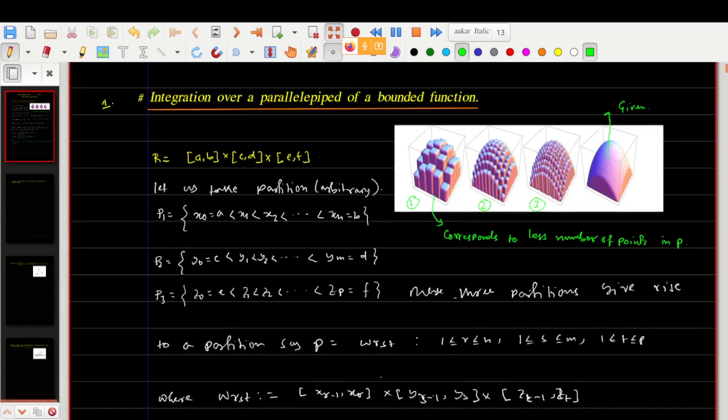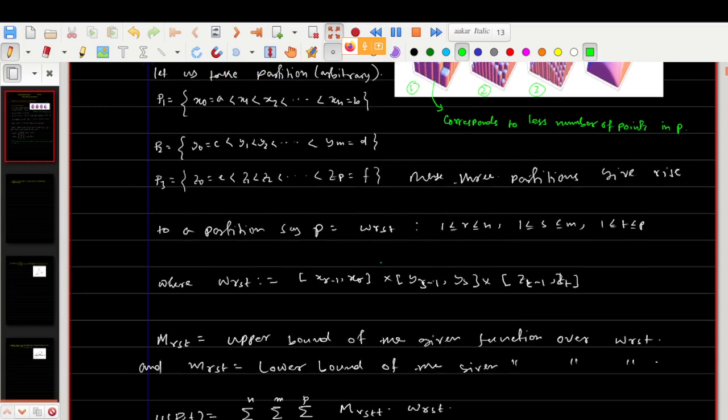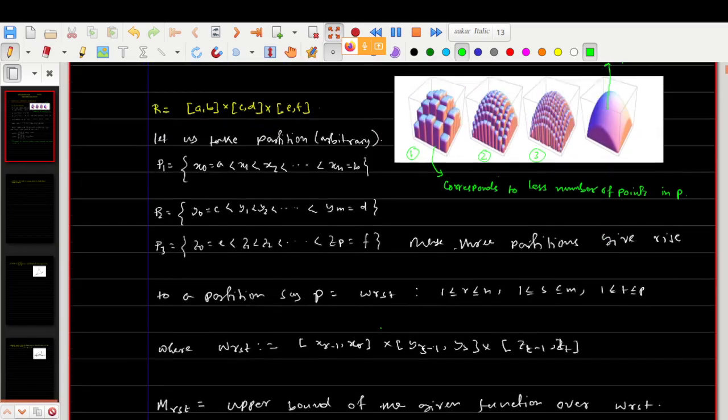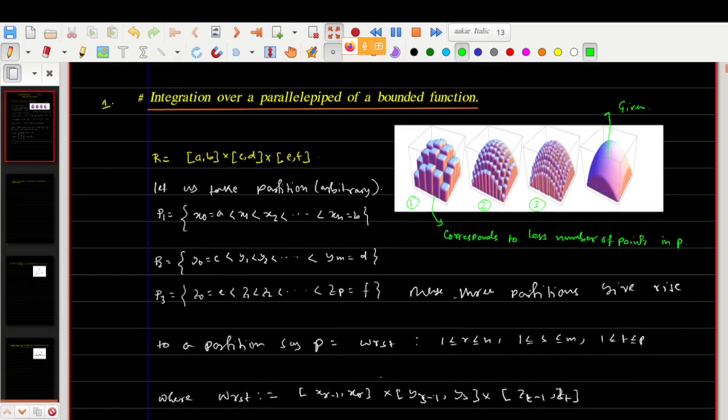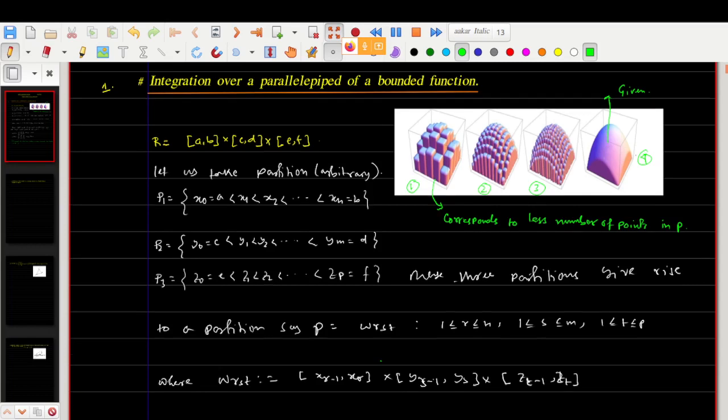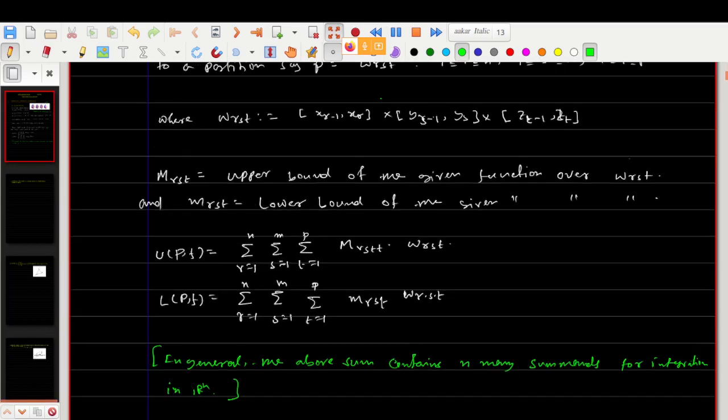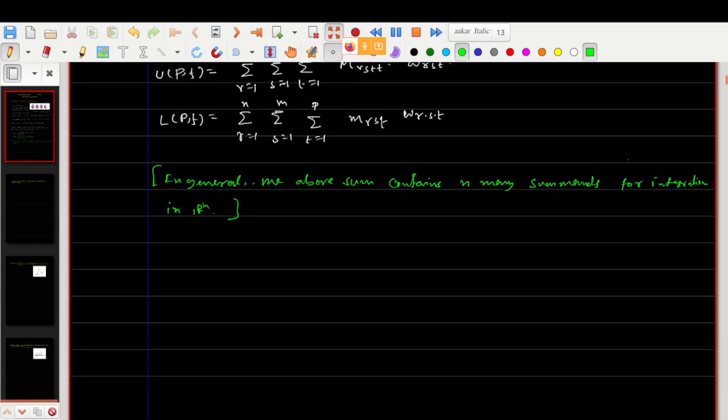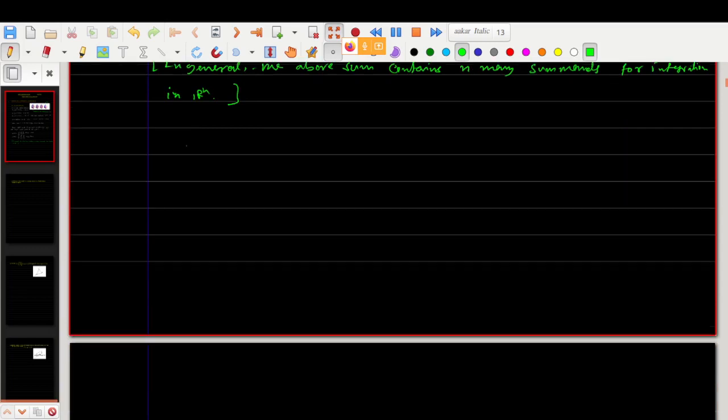And if we keep on taking more and more points, that is, taking the supremum over all possible partitions, then we obtain the resulting one, that is, the fourth.